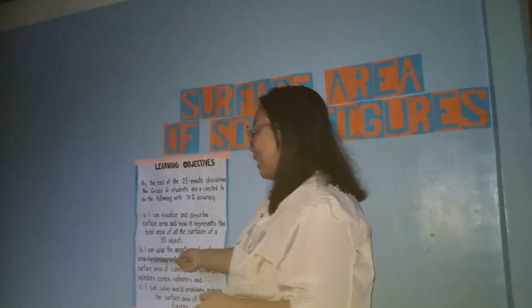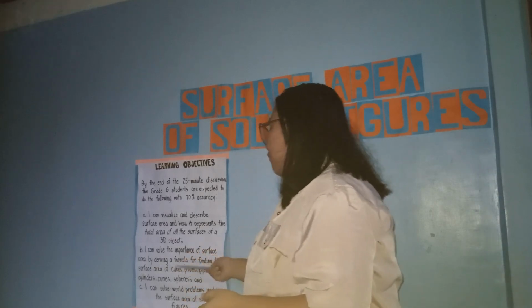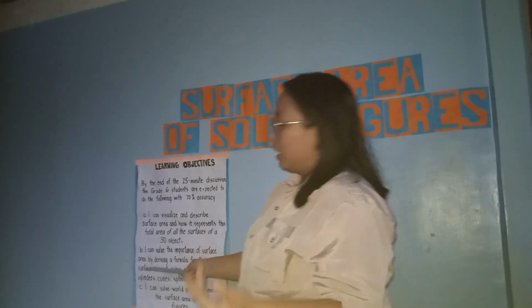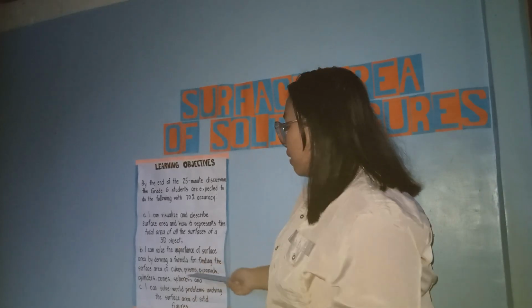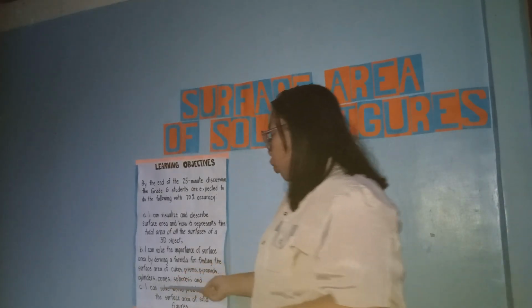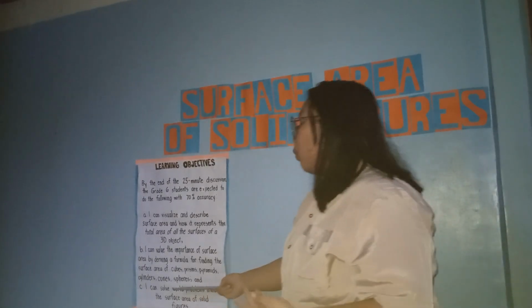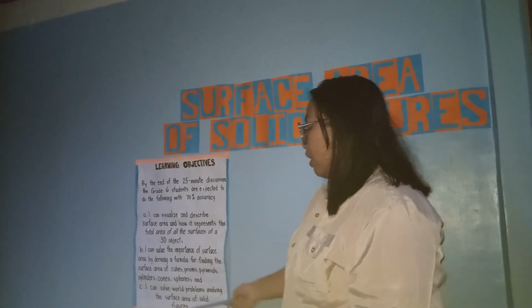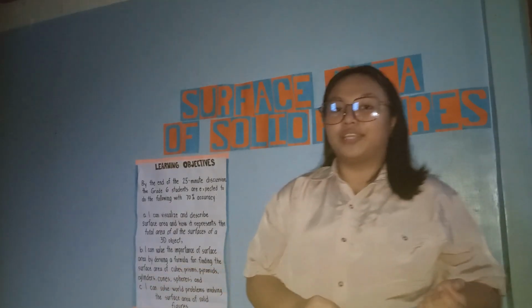Letter B. I can value the importance of surface area by deriving a formula for finding the surface area of cubes, prisms, pyramids, cylinders, cones, and spheres. And lastly, I can solve word problems involving the surface area of solid figures. That is our learning objective for today.